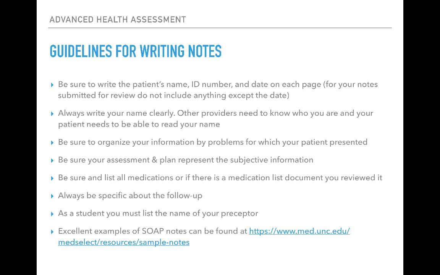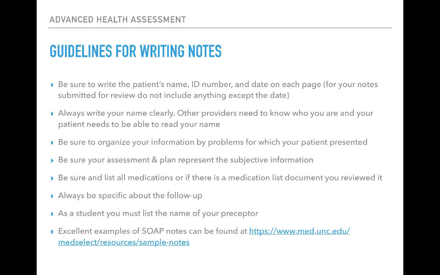Be sure to organize your information by problems for which your patient presented. Be sure your assessment and plan represent the subjective information. You should not ever be providing new information in the plan section. The plan should relate back to what you've already documented.